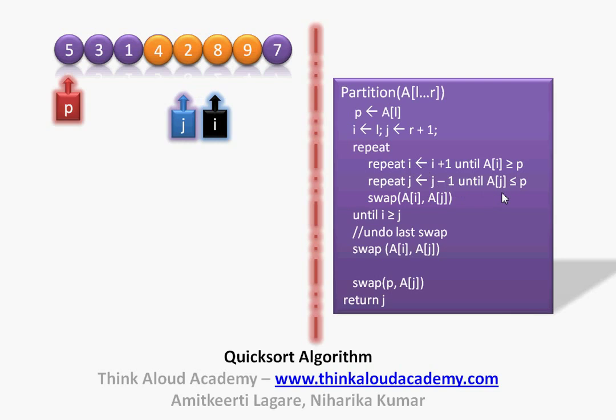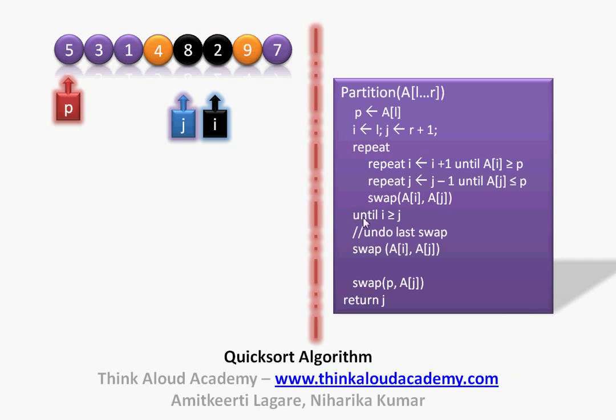So once we decrement j, we check whether a of j is less than pivot. So here we see that a of j is 2, which is less than pivot. So we stop decrementing j as well. So once we stop decrementing j, by default we go ahead and swap the elements. So 2 and 8 have got swapped as 8 and 2.